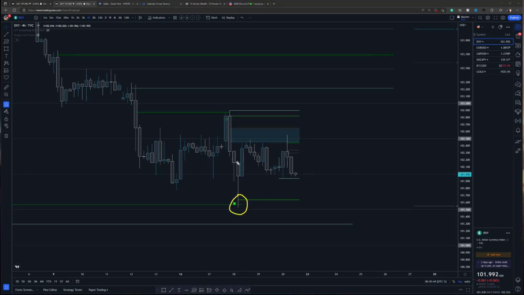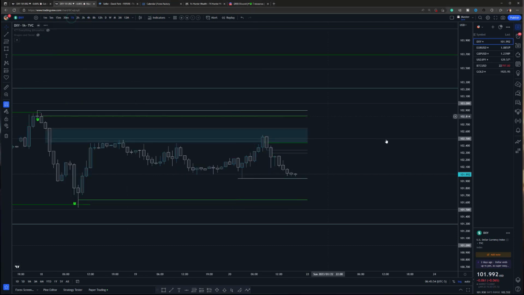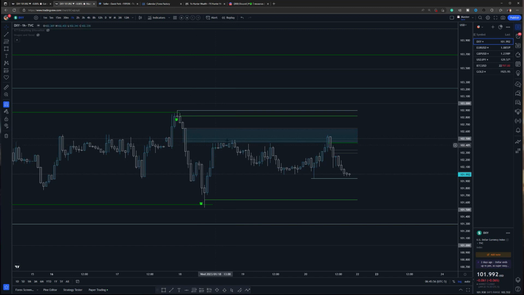It closed with this nice pin bar on the 4 hours, then another bigger candle, but it dropped down. It dropped down from this fair value gap. If I bring up the 1 hour, we can see here is a nice fair value gap where the price touched 2 times, went into it, and now is dropping lower again, right?